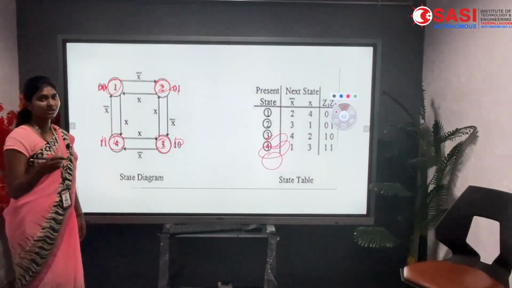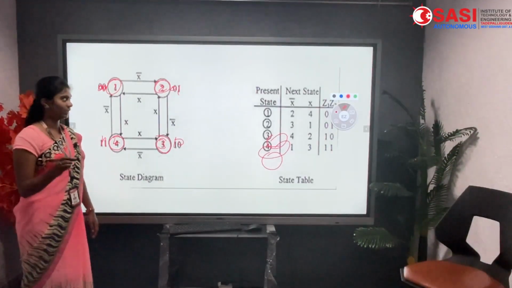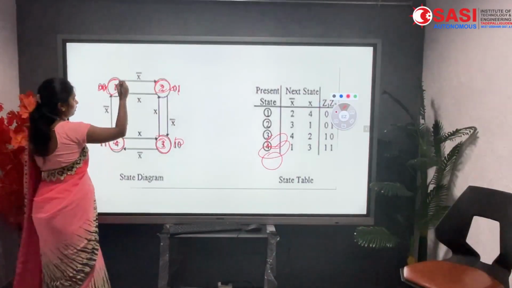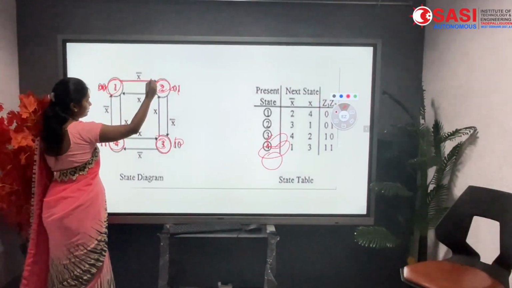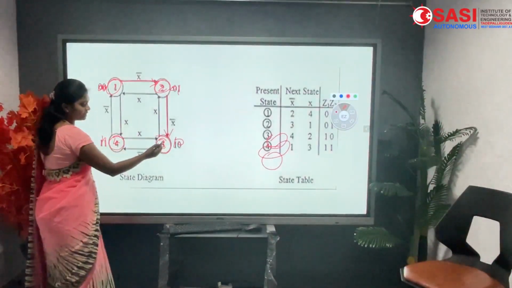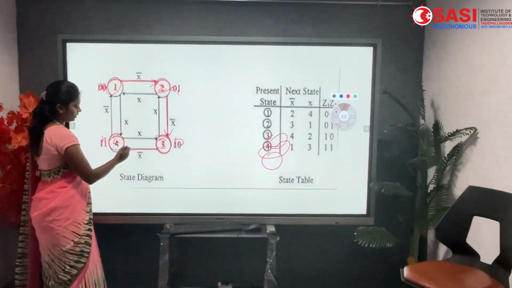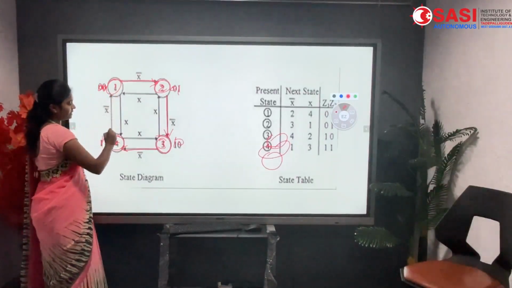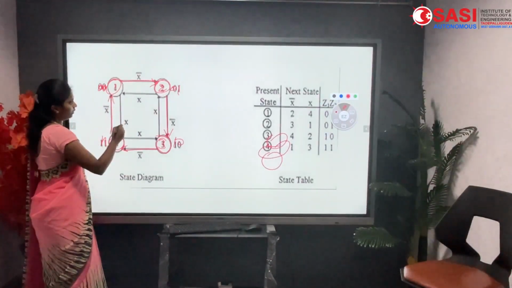Now I have to see what the next state of the graph is. The next state of 1 is 2. Next state of 2 is 3. Next state of 3 is 4. Next state of 4 is 1.